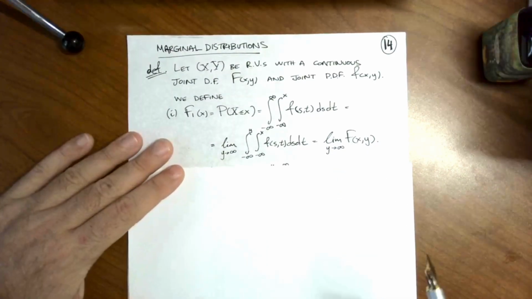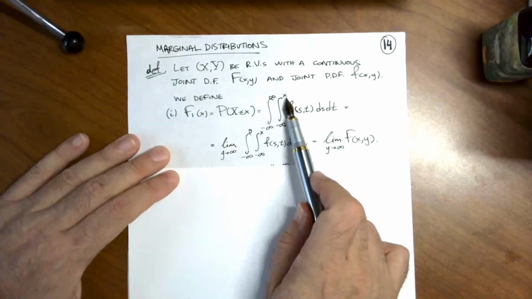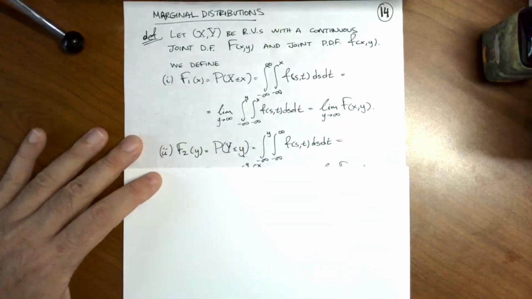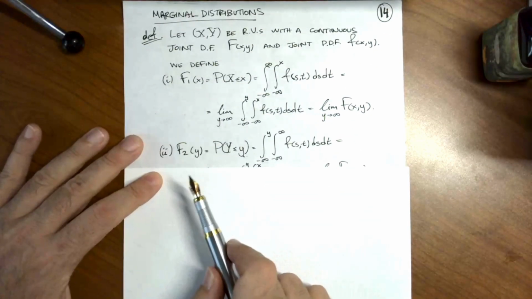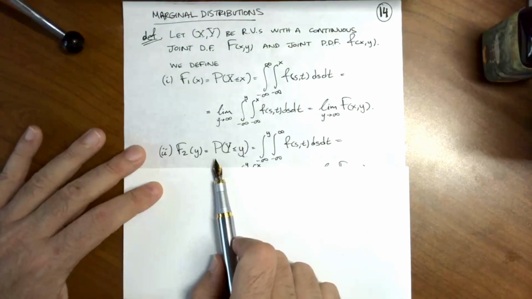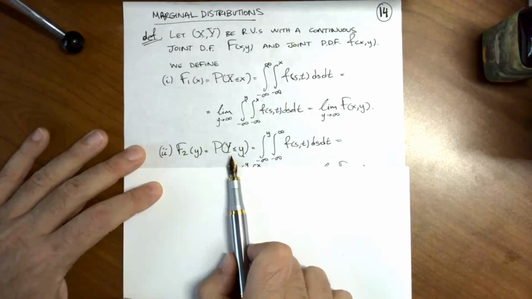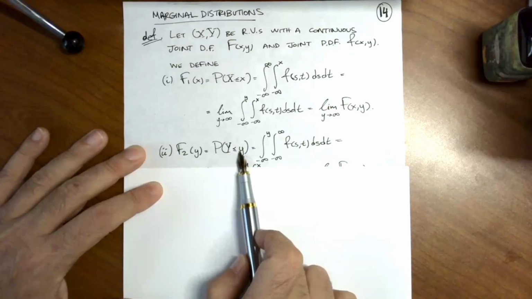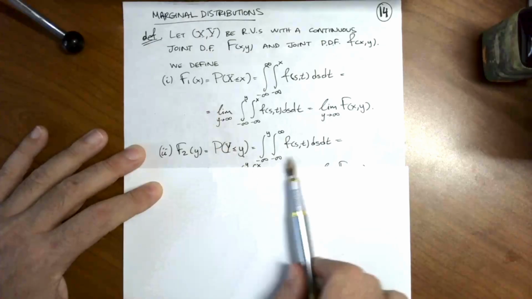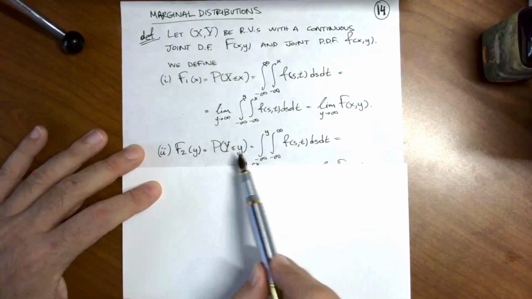The most important thing to note here is the concept of what is happening with respect to x and what is happening with respect to y in the definition. Equivalently, you can define another distribution function, capital F subscript 2 of y, providing the probability that your random variable y takes a value less than or equal to y. This is the reverse problem to the one we just saw, where we don't care about specific values of x.